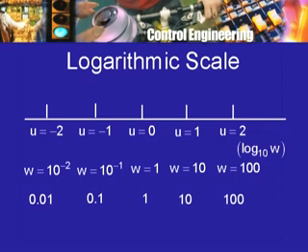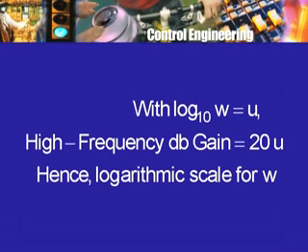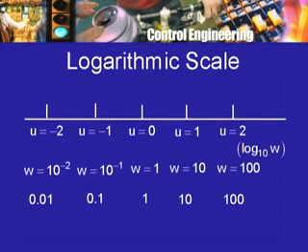The interval here, as far as u is concerned, is 1, but the frequency range is from 10 to 100. So, here the frequency range was from 1 to 10, a difference of only 9 radians per second, whereas here it is from 10 to 100, a difference of 90 radians per second. So, that is why one refers to what we have drawn as a logarithmic scale for omega, although it is a linear scale for log to the base 10 of omega.